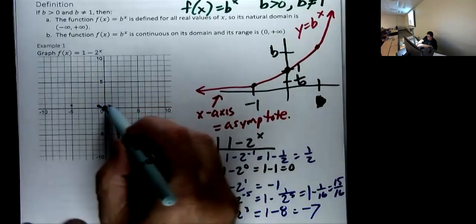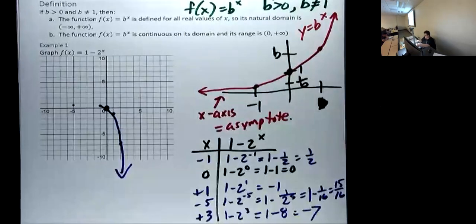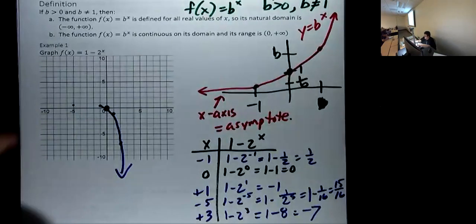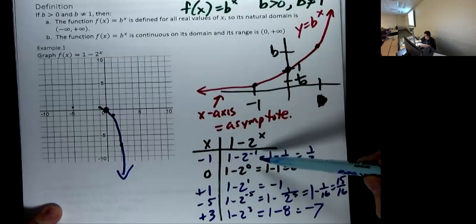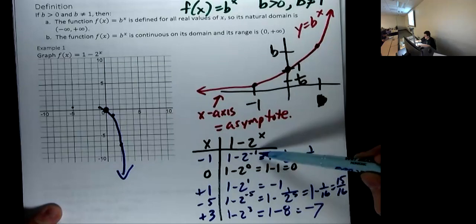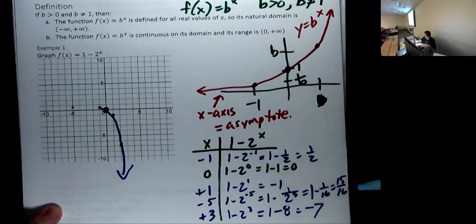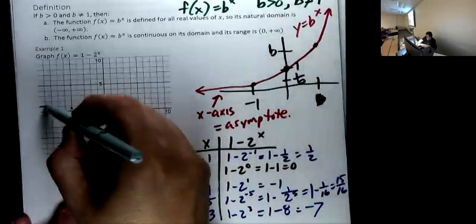Over here, if we go further and further, I'm doing 1 minus something, but this 2 to the negative exponent keeps getting smaller and smaller. So I'm doing 1 minus an increasingly smaller value. This is giving us an asymptote at y = 1.